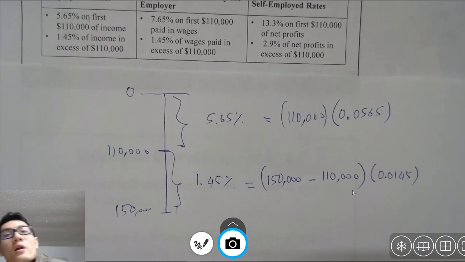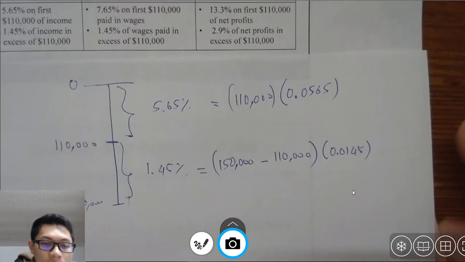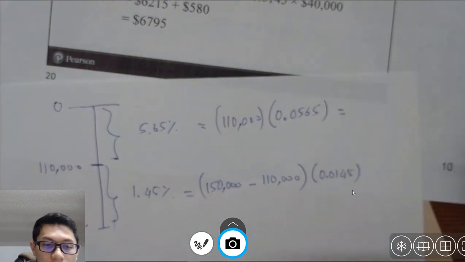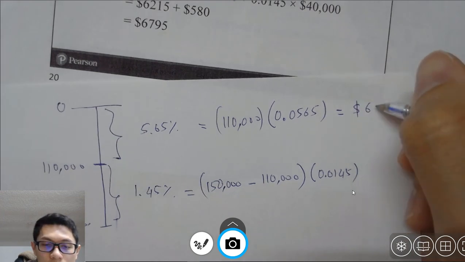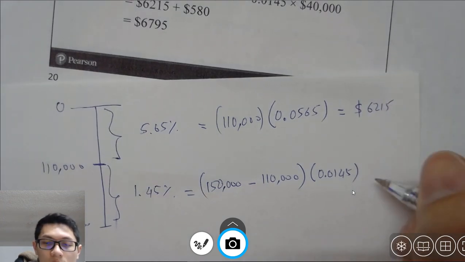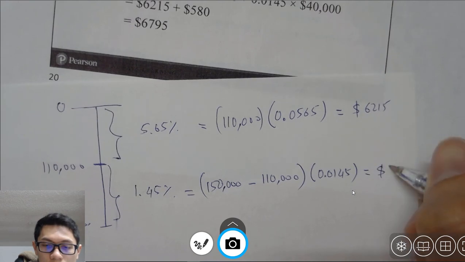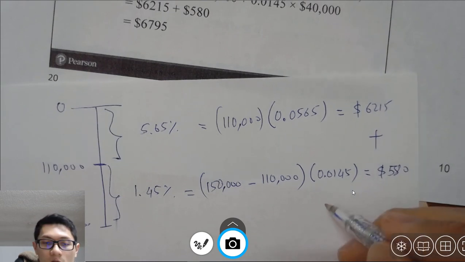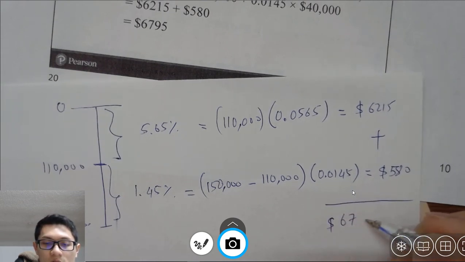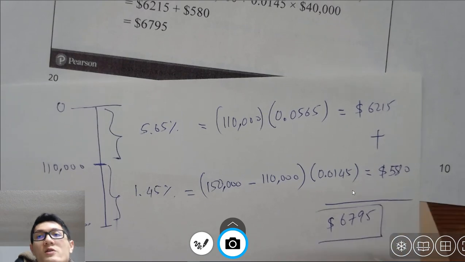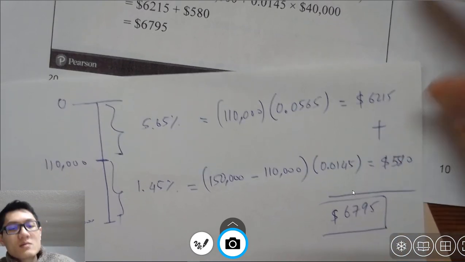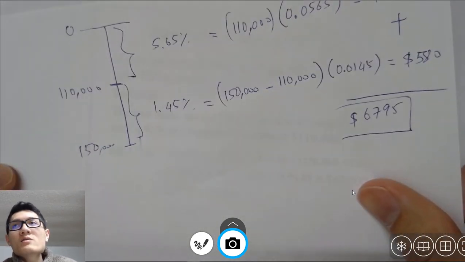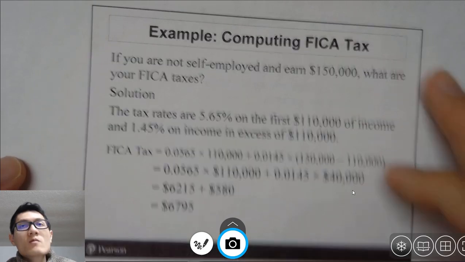Okay, now if you multiply that correctly, you should get 6215, and then you should get 580, and the total, you sum them together, and you have to pay 6795. So this is the amount that you have to pay for the Fica taxes. Okay, Fica taxes, 6,795, just right here for your Fica tax.